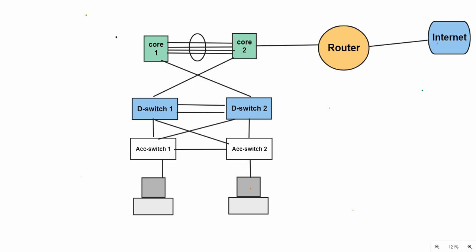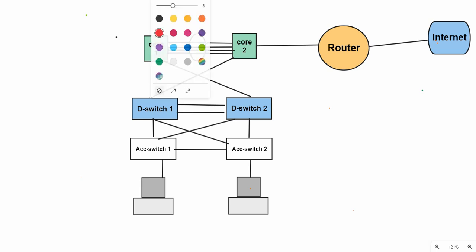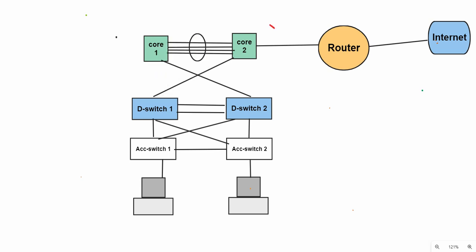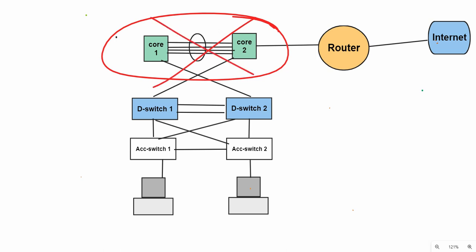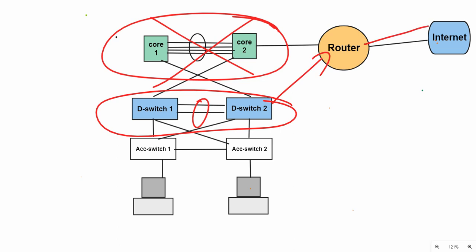There are other network architectures where we can get rid of, for example, if the organization is not so big and we don't have different locations, we can get rid of this. We can get rid of this. We don't need that, and we can implement our Ethernet channel here and use our distribution layer to connect to the router, and then to the rest of the world.